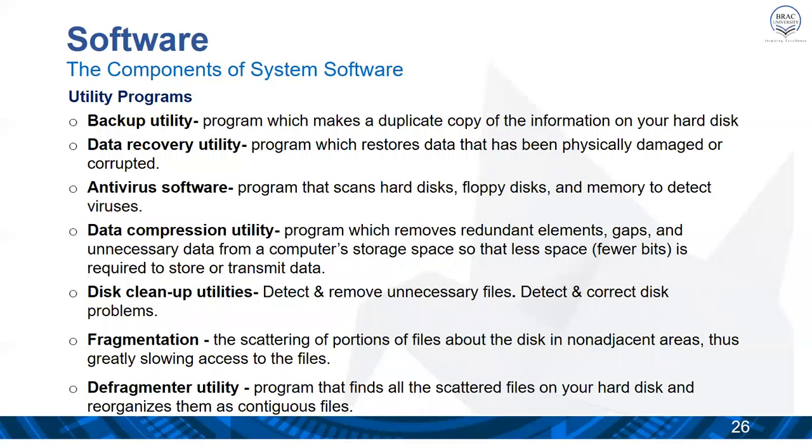Another utility program is data recovery utility that restores data that has been physically damaged or corrupted. Antivirus software is another example of utility programs that scans hard disk, floppy disk, and memory to detect viruses.